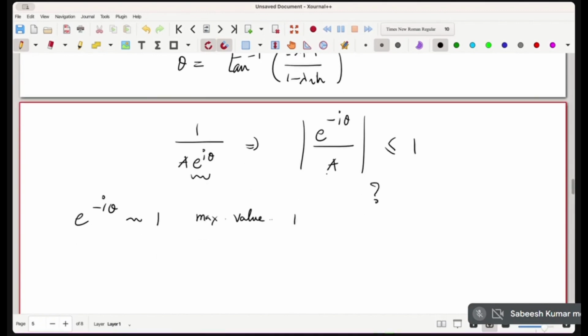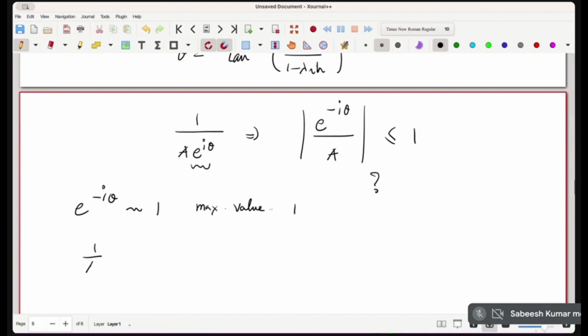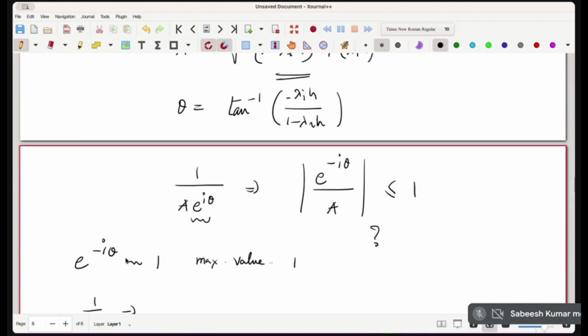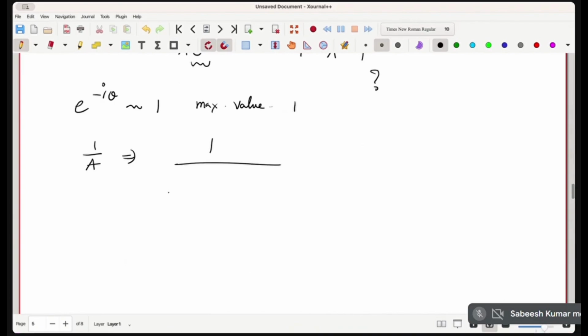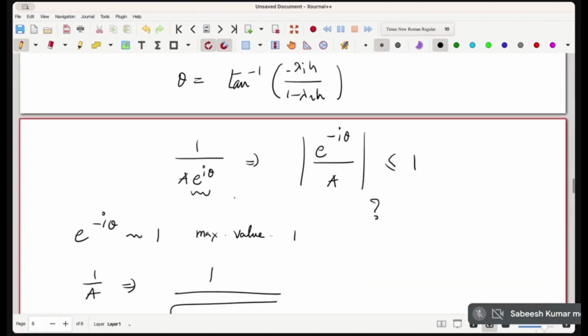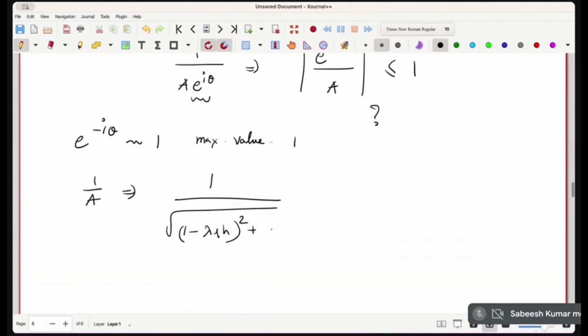And what about a? A is in the denominator. So what about 1 by a? 1 by a is nothing but 1 by square root of 1 minus lambda r h whole square plus lambda i h whole square.